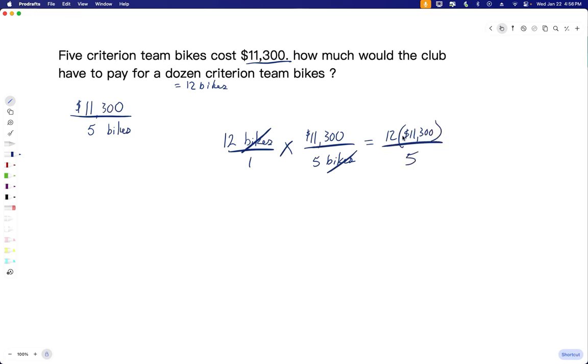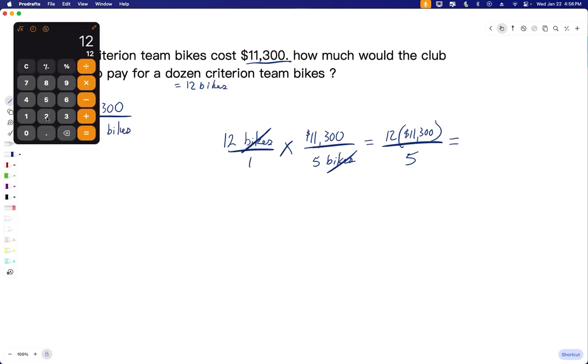And that's going to give us the dollar amount. Our unit of measure is dollars. When we do that on the calculator, because it's a really big number, and we divide that by 5, $27,120. That is how much 12 bikes would cost, which is a lot of moolah for bikes, in my opinion.